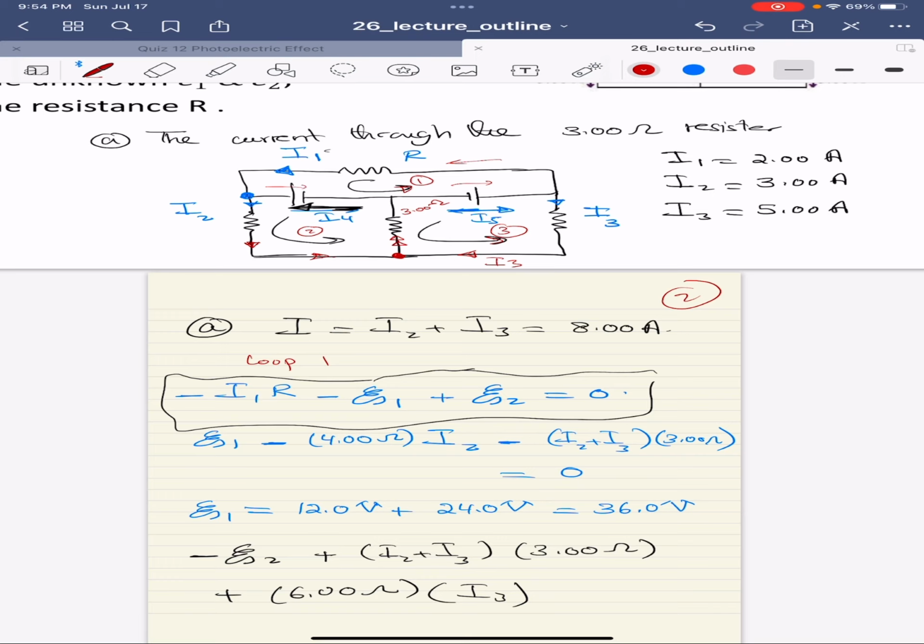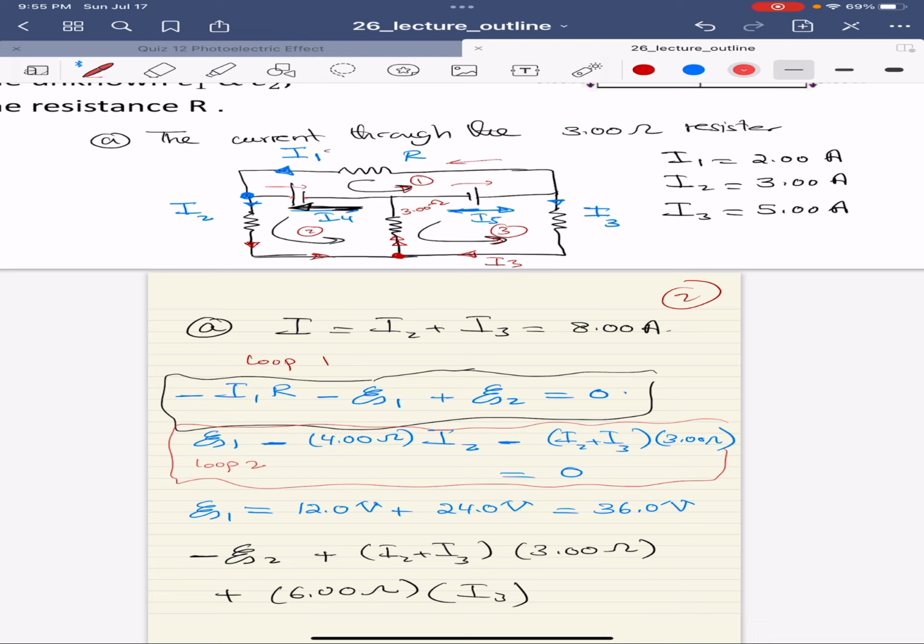Now, let me give you different colors. This one here is going to be loop 2, where I went through that EMF from negative to positive, so it is positive E1.